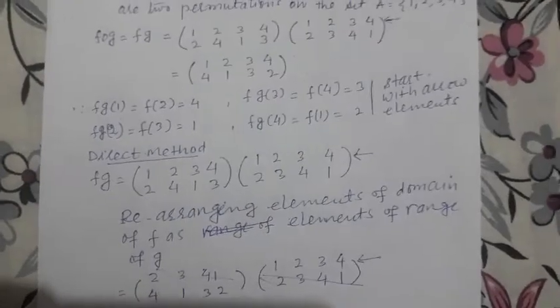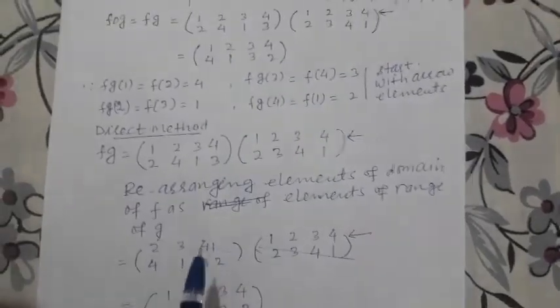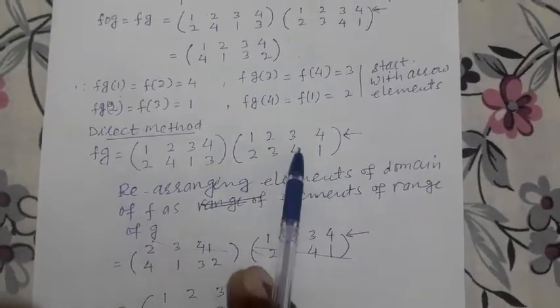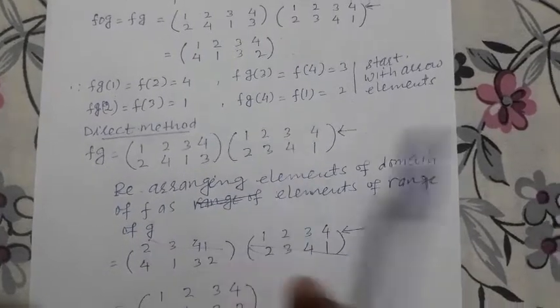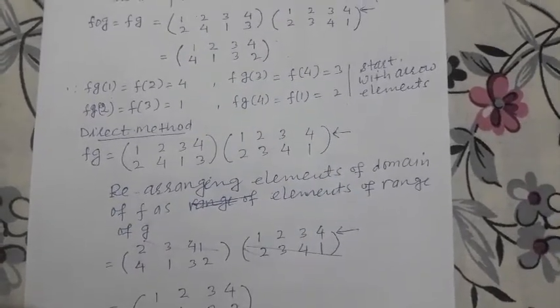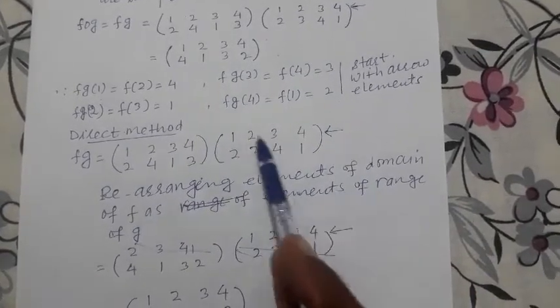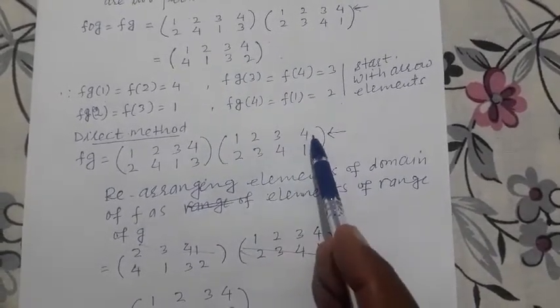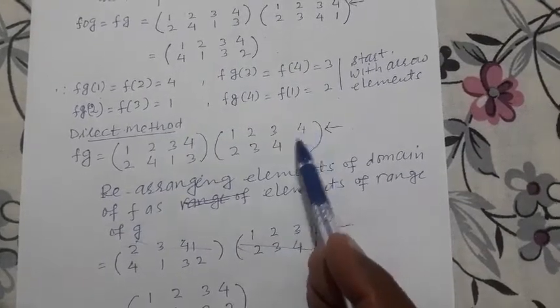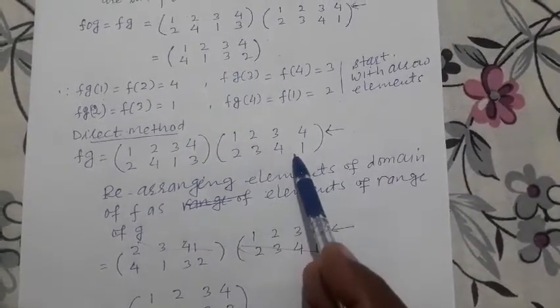By the direct method, we can show f and g. First of all, we mark a row 1, 2, 3, 4 and 2, 3, 4, 1.